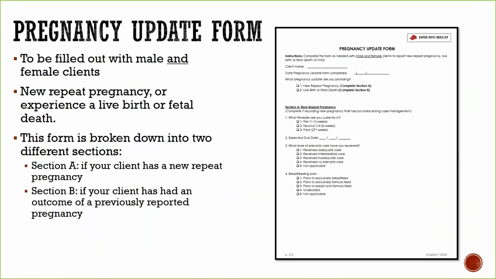This form is broken down into two different sections. Section A should be filled out if your client has a new repeat pregnancy. Section B should be completed if your client has had an outcome of a previously reported pregnancy.